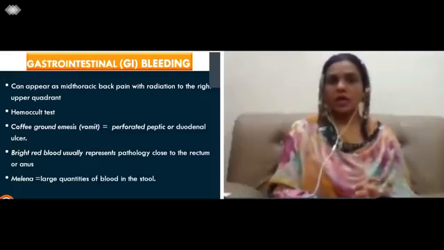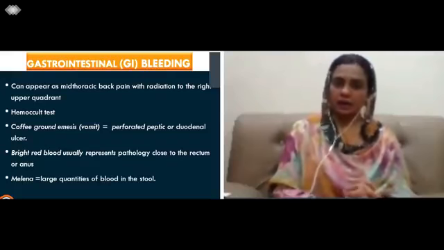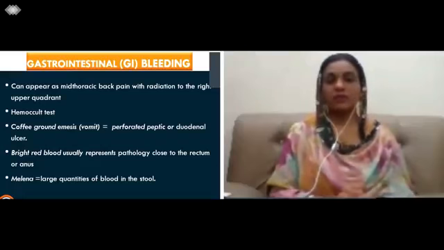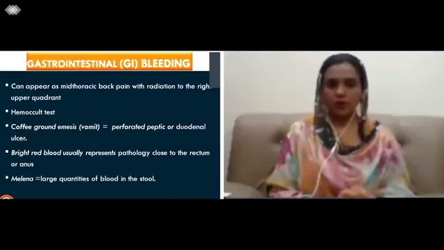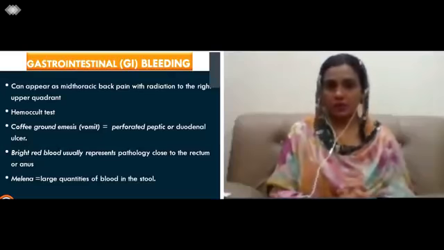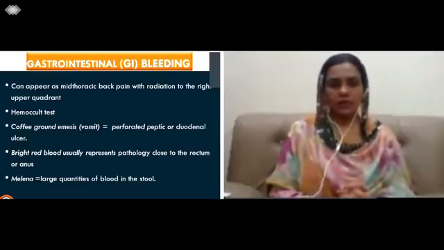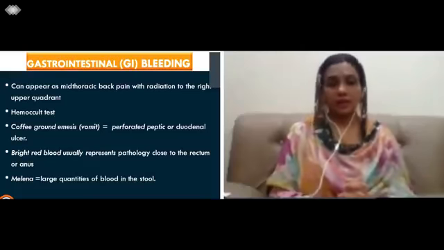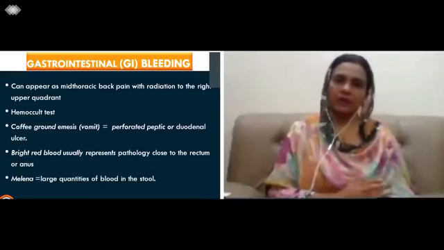Okay, then there is the color of the blood. Sometimes, if it is not occult, the patient is observing or is a witness of blood, and it is bright red blood with the stools. If there is evidence of bright red blood with the stools, then most of the time it shows a pathology close to the rectum or anus.